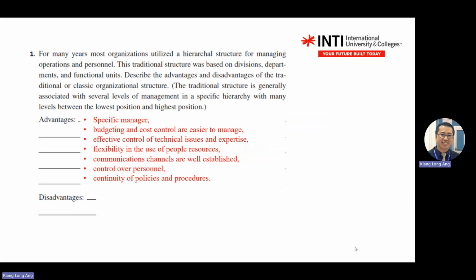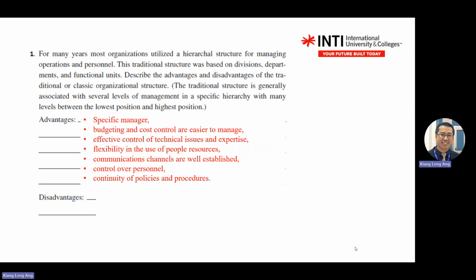Okay, so still we elaborate on the authority keyword. You have specific reporting to a specific manager, and your budget and costing are easier to manage because you know where to report to.